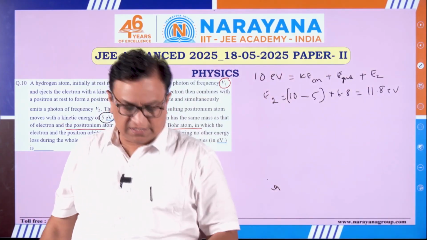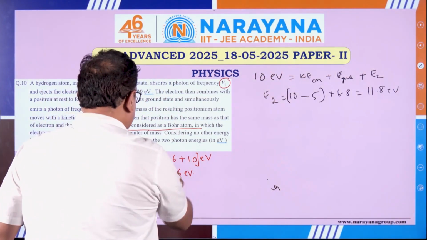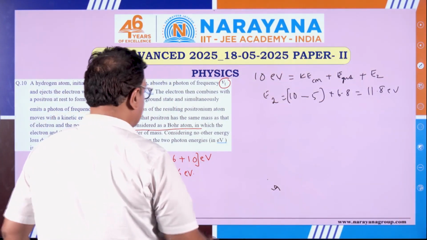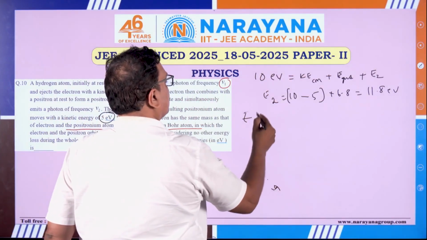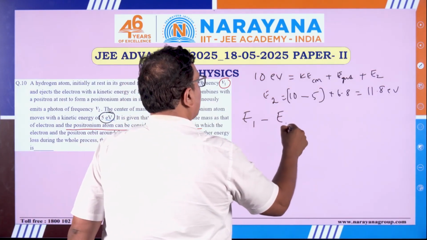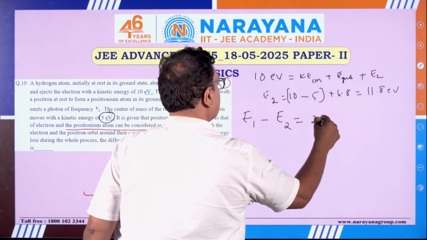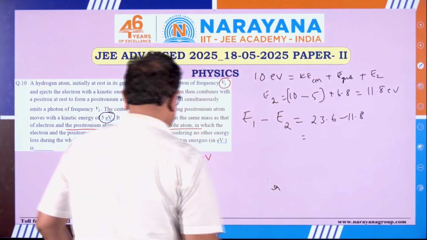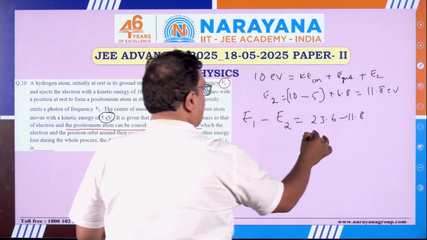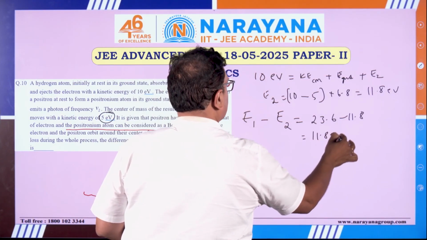Right? That is E2. And by the way, what is E1? 13.6 electron volts. You are asking the difference between the photon energies. E1 minus E2 is 23.6 minus 11.8. That works out again to 11.8 electron volts for you.